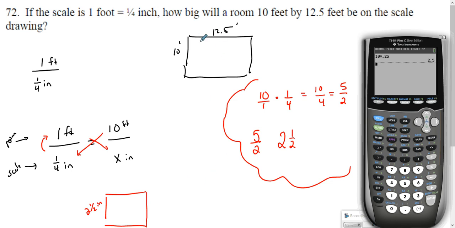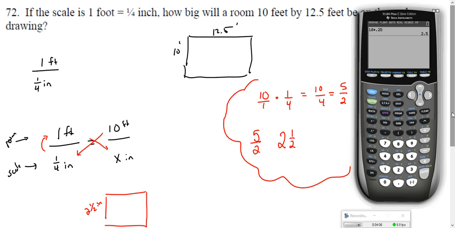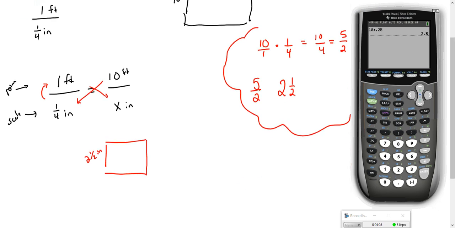The other one, 12.5, so let's scroll down a little bit here. So we've got 1 foot to 1/4 of an inch equals 12.5 feet to unknown inches. So we're going to do the same thing.